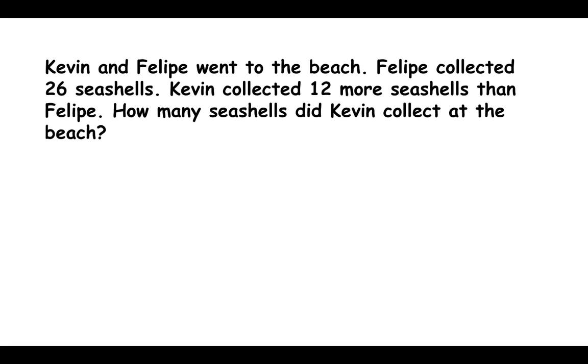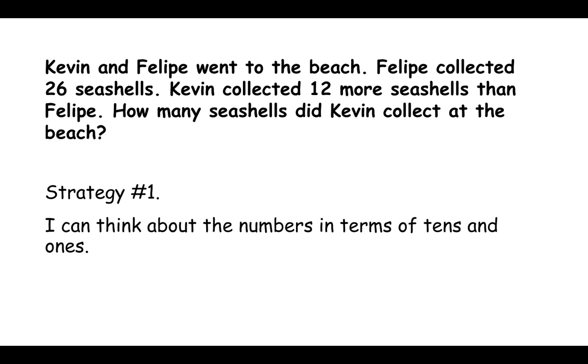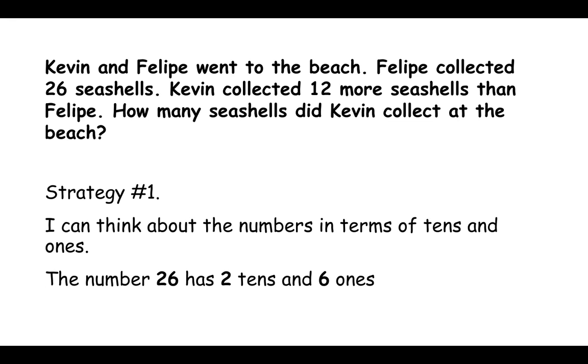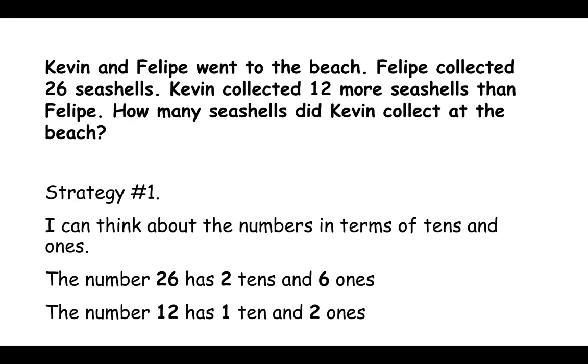Here is our problem again. I'm going to show you a strategy on how you can solve it. We can think of the numbers in terms of tens and ones. The number 26 has 2 tens and 6 ones, and the number 12 has 1 ten and 2 ones.